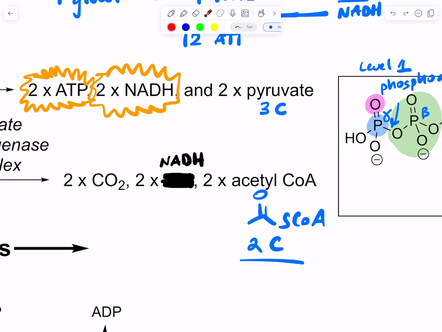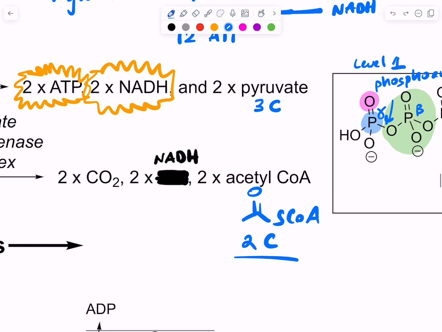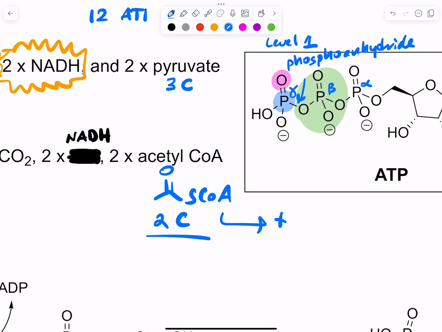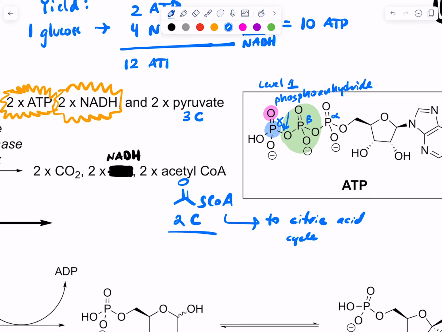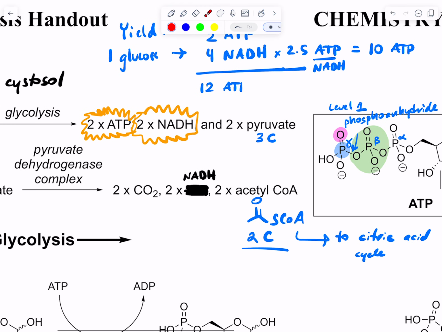That happens in mitochondria in something called the citric acid cycle. So we're going to learn about that too. I don't yet know whether we're going to get through all of that or even any of it before the next exam. So we'll just play it by ear as we go along. But understand that we are going to add many more ATP molecules to our tally from a single molecule of glucose. Go ahead. Where does the 4 NADH come from?